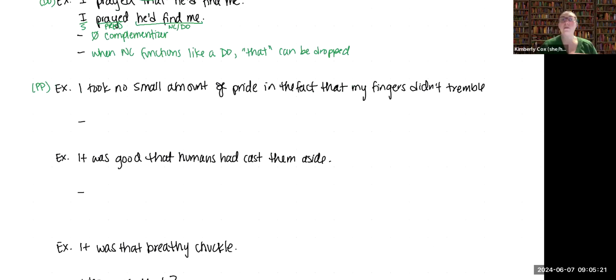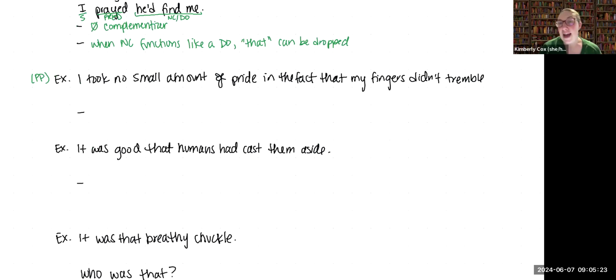So I took no small amount of pride in the fact that my fingers didn't tremble. So here we have "in" as a preposition, and then "the fact that my fingers didn't tremble" functions like the object of the prepositional phrase.